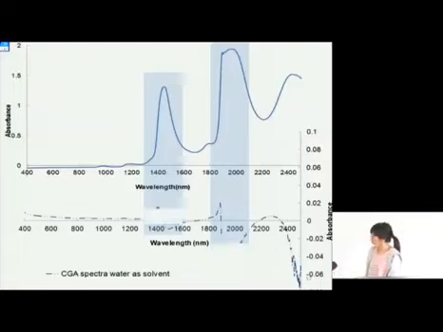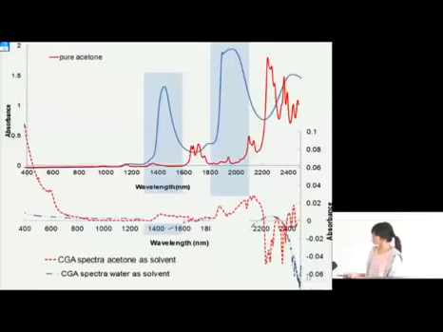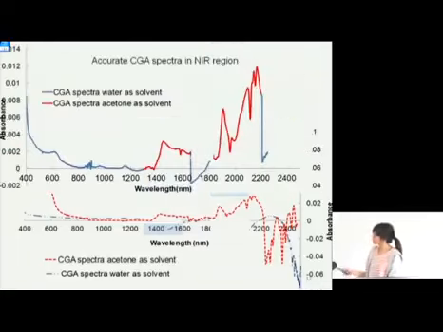So I removed these two regions and then replaced them using the CGA spectrum I get from using acetone as a solvent. Then I get the accurate CGA spectrum. And because after 2100 nanometers both acetone and water have strong absorption, after this wavelength, I removed the data.